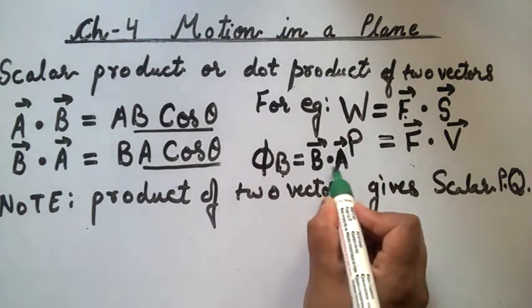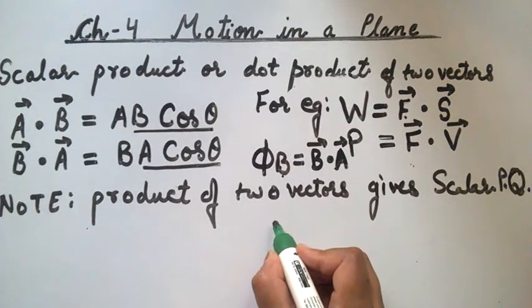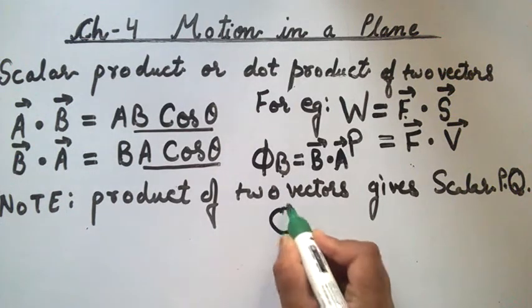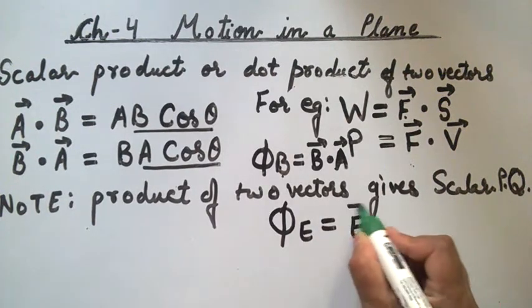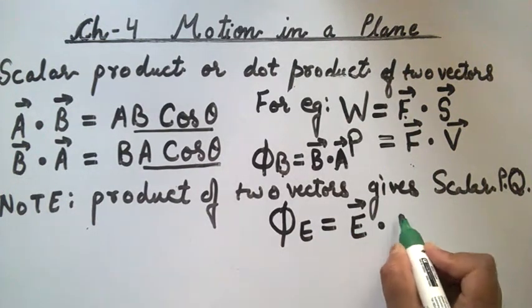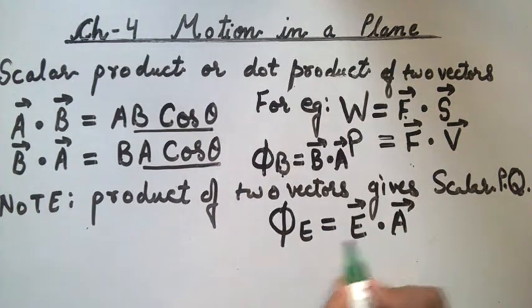It gives a scalar quantity. Similarly, another example is electric flux. Electric field, number of electric field lines passing through a particular area. Their dot product gives a scalar quantity. Now let's see the properties of a scalar product.